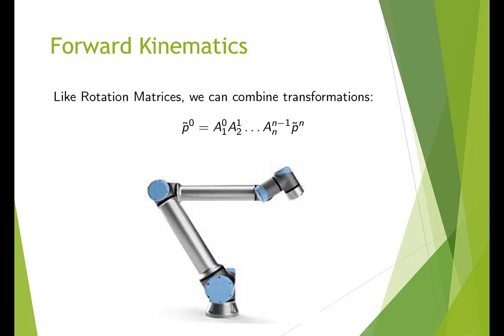To apply it to a robot, we will select a frame at each joint and then calculate the homogeneous transformations from each frame to another one. Like the one that brings frame, let's say 0 and 1.